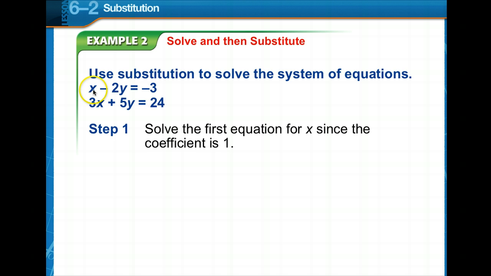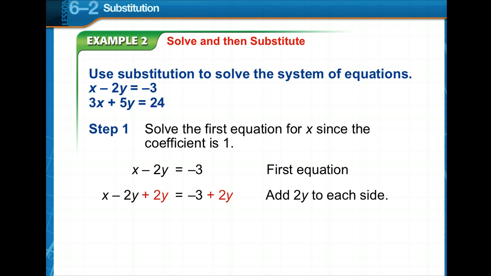So since this one has a coefficient of 1 with this x, we're going to move this one around and solve for x. So we're going to add 2y to both sides. So x is equal to negative 3 plus 2y. So now in this second equation, in place of x, we're going to substitute in a negative 3 plus 2y.